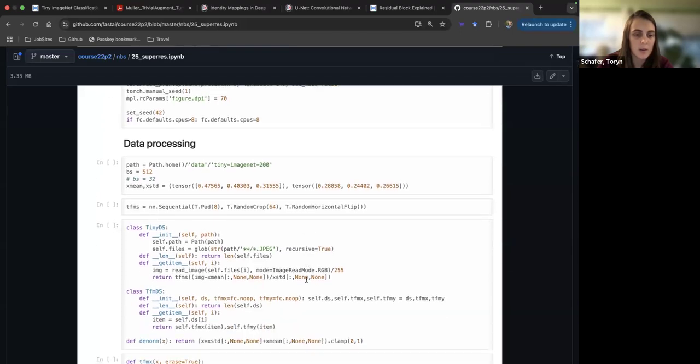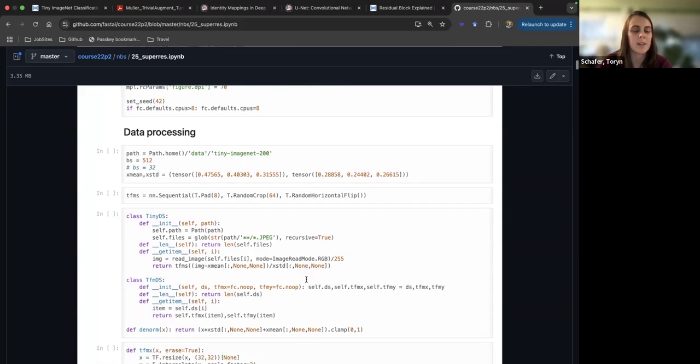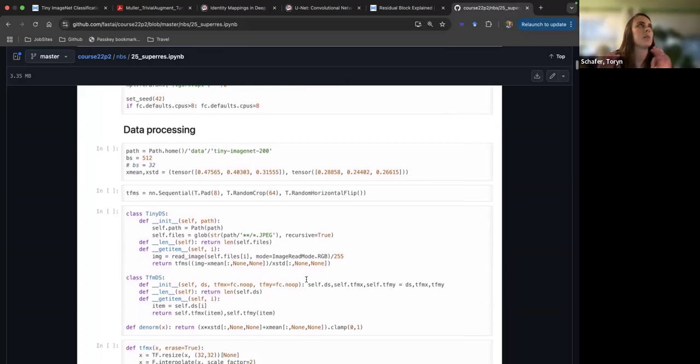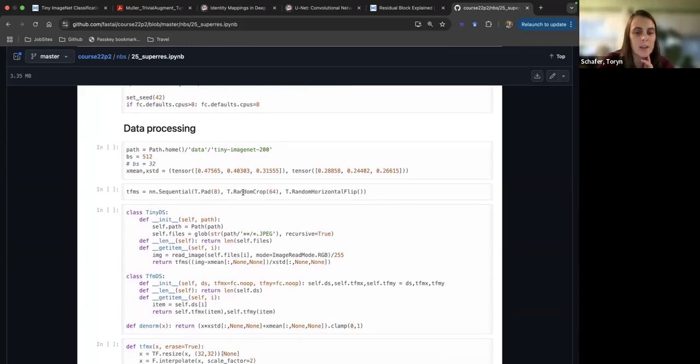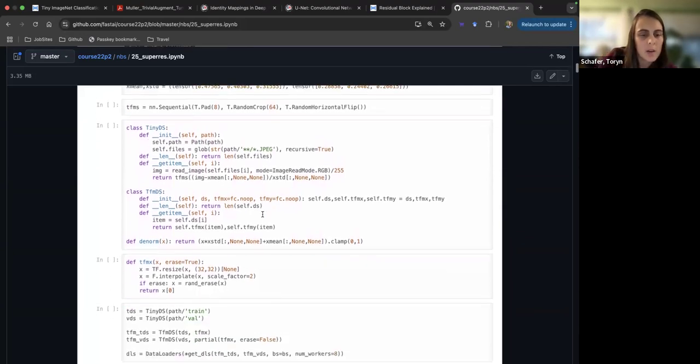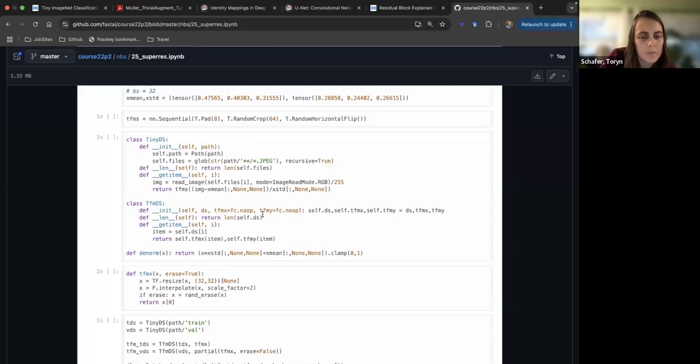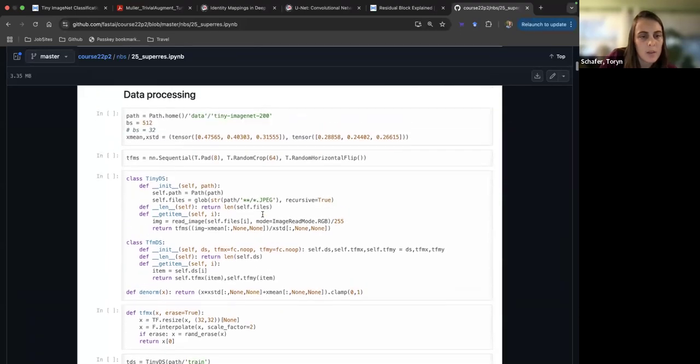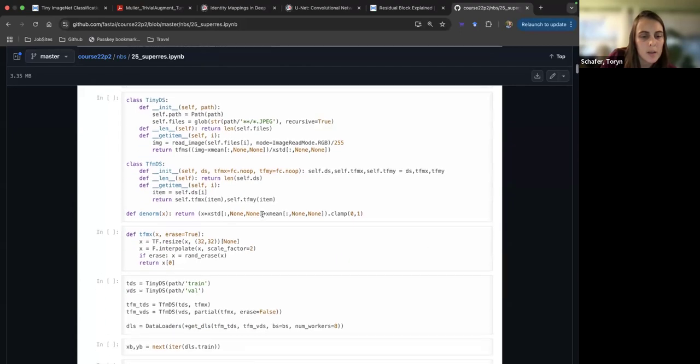Now this is where my statement before applies: the padding, cropping, and flipping should be done the same to both the input, the low resolution, and the output, the high resolution. And this is all data processing.